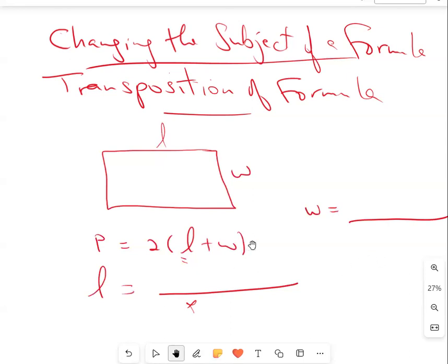Let's start with the same one. P is equal to 2 times L plus W. Some serious maths coming in.